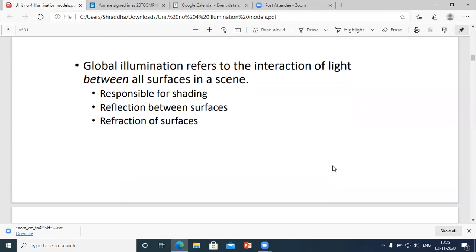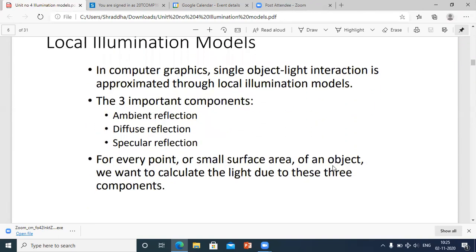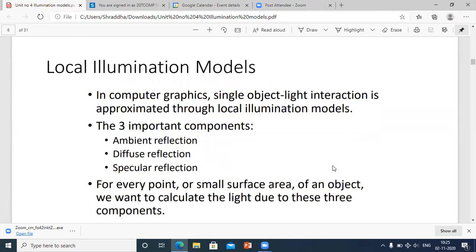Okay, then the next is local illumination models. We'll see this local illumination in a bit more detail. In computer graphics, single object light interaction is approximated through local illumination models. Just remember, single light source and single object light interaction comes under local illumination.